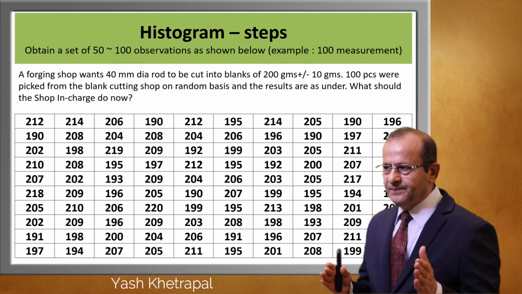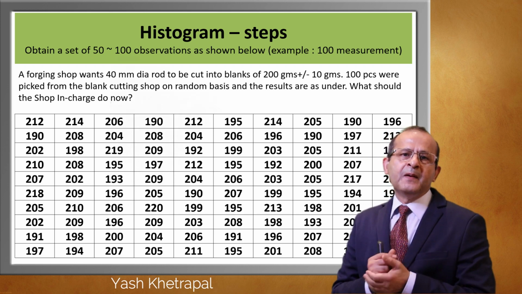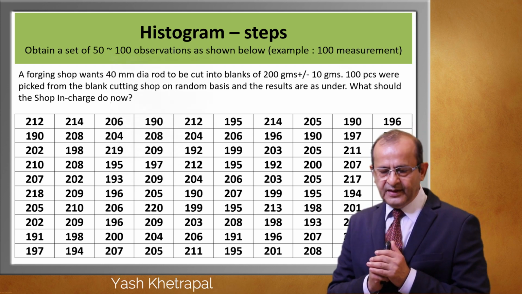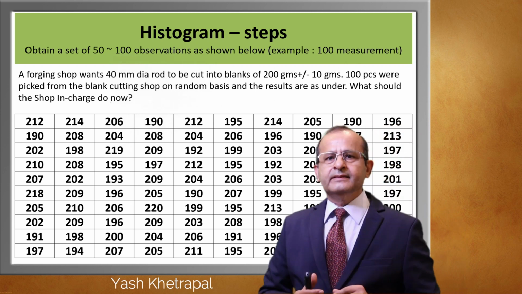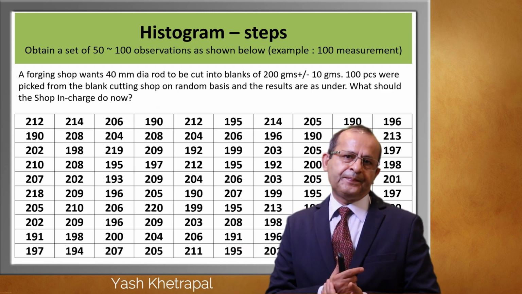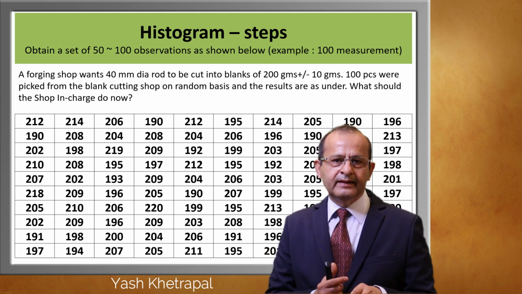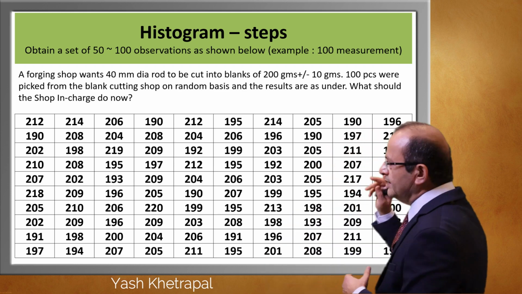Desired blank weight is 200 gram plus minus 10 gram. So he picks up 100 pieces on a random basis, notes the weight one by one, and then puts the entire data in Excel. The data is before you.